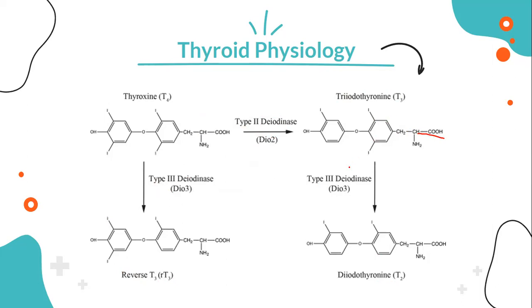Also, type 3 takes away another iodine molecule and gives us the T2. To deactivate the active hormone, which is the T3, the type 3 enzyme takes away another iodine molecule, and there we have a T2 molecule, which is also a non-active form of the hormone.